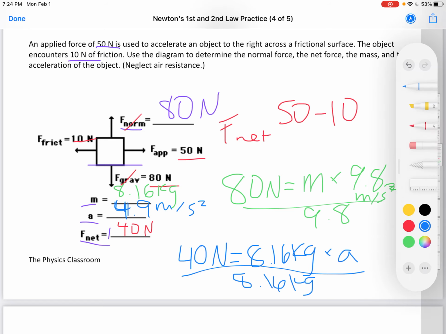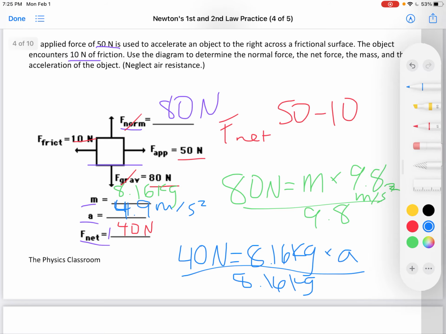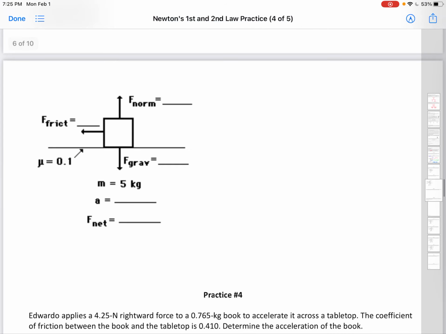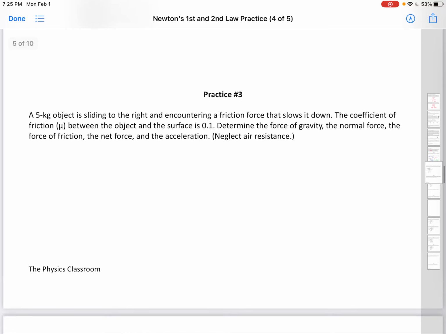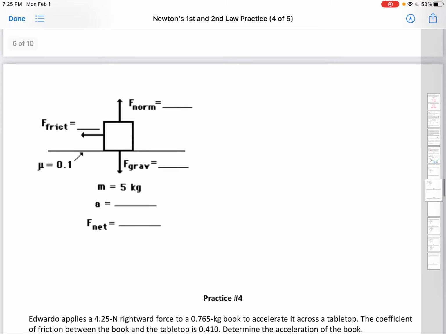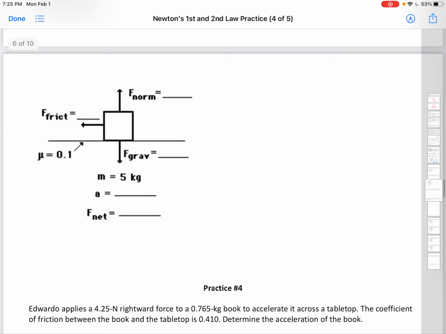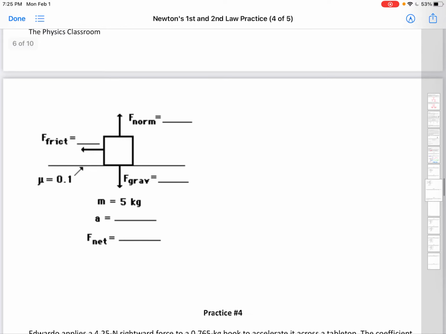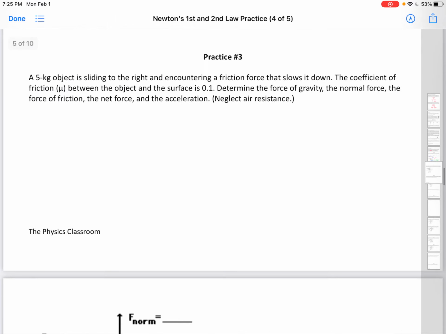Moving along. I'm really going to try not to make this very long, you guys. Let's see. Okay, so for number 3, I'm not going to do this one. I'm going to skip to number 4. Oh, number 3 already has the force.